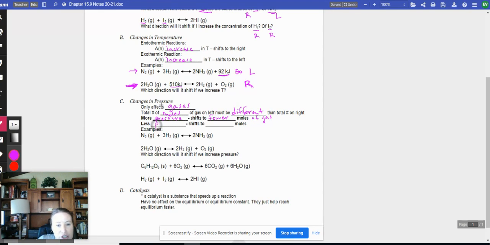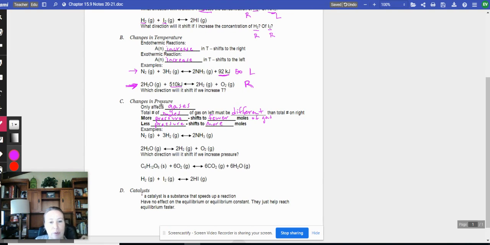And less pressure, if you allow the gas in your reaction to expand, so you reduce the pressure on the system, it's going to try to fill up that space by shifting towards the side with more moles of gas, because more moles of gas take up more space. So shifts to more moles of gas.